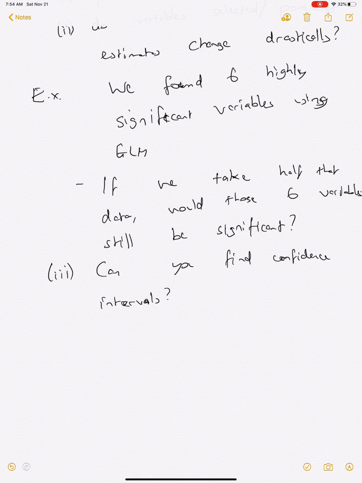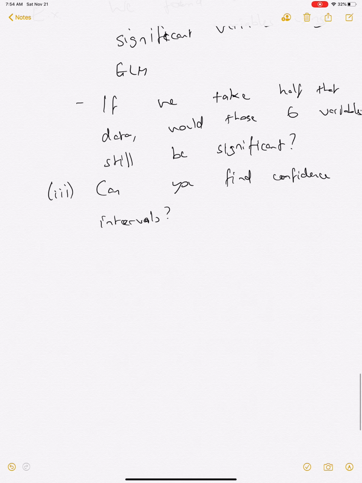For simulated data, the way you can typically do that is to generate hundreds of different data sets, say 100, and apply normality assumptions, making normal approximations.